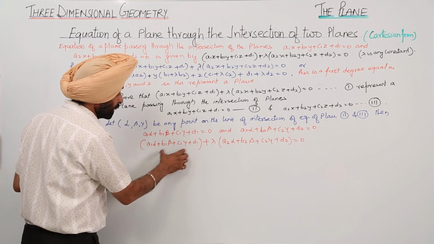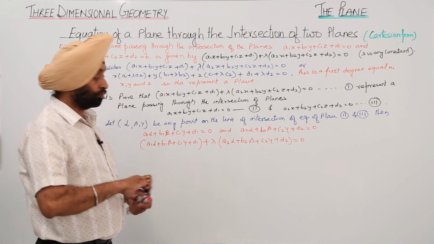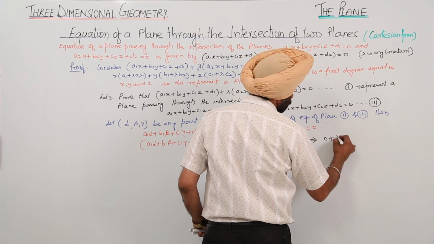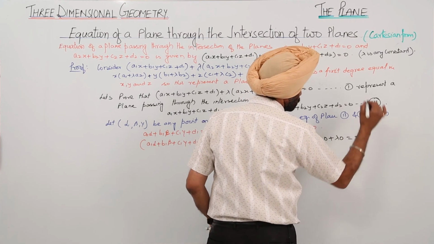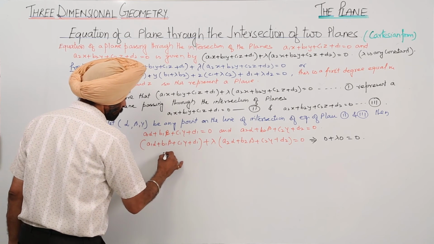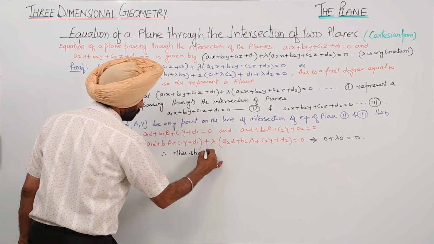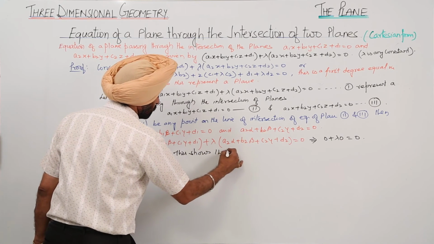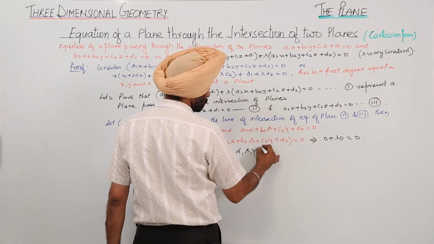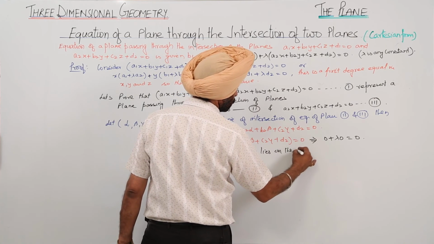Now this is already equal to 0 and this is also equal to 0. So what does it imply? This implies 0 plus lambda times 0 is equal to 0. Therefore, this shows that alpha, beta, gamma lies on the plane.